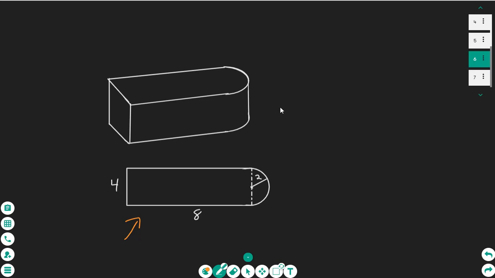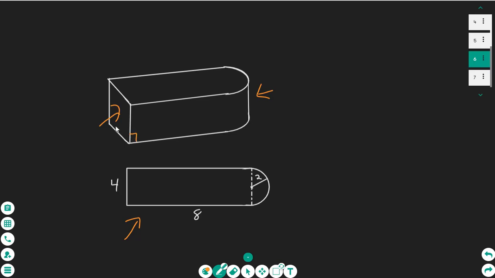Okay, so how would I find the surface area for this shape? Well, how many sides do I have? I've got the top, the bottom, the front and the back. And then you've got this side and this weird side here, this curved side. All right, so how are we going to do this? Well, it's pretty easy. Let's start by finding just the area of the base.